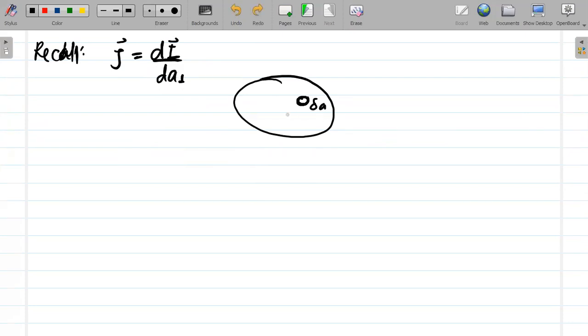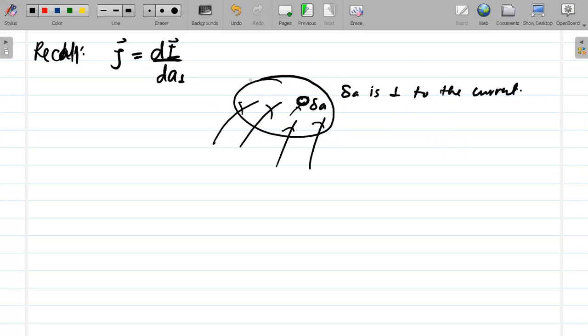Tapos meron kang current dito. Tapos yung iba dyan, syempre, papasok dito sa delta A. Take note that delta A is perpendicular to the current.